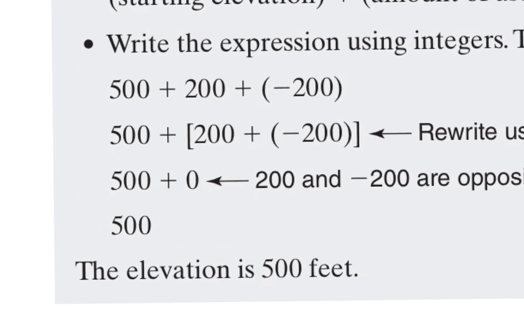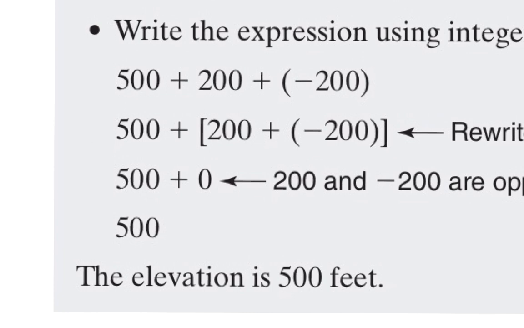If you write an expression out this way, you might notice that we have some opposites here. So even though normally when we're adding numbers we go from left to right, the commutative property says we can change the order, we can add the numbers in a different order.